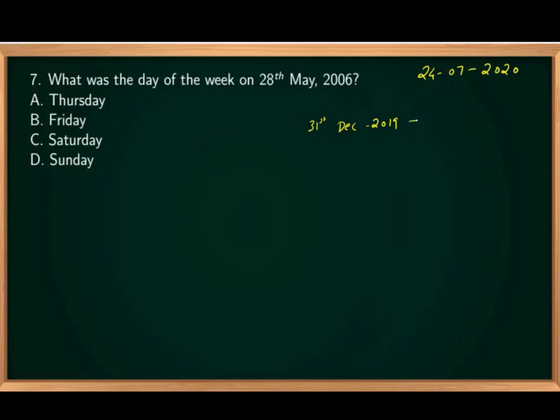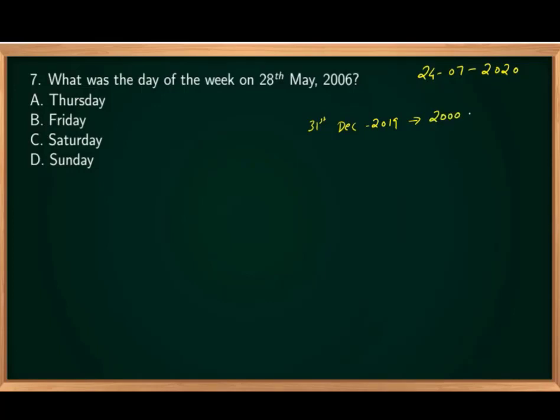Up to 2019, how many odd days are there, from the year 1, from the beginning to 2019? For that, we can reduce these years by a multiple of 400.